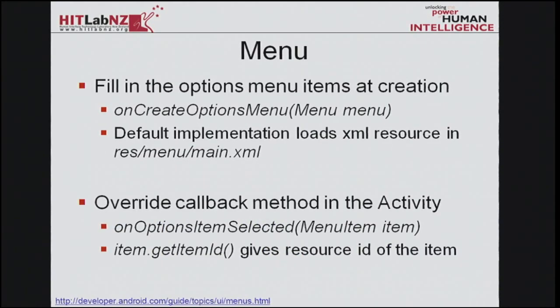And another thing I would like to demo right now, maybe this will be the last thing for now, is how to deal with menus. To deal with menus, you'll have to override these methods: on create options menu and on options item selected, so that the system will call your class back to this method with the menu item selected, so you can do different things based on the menu.